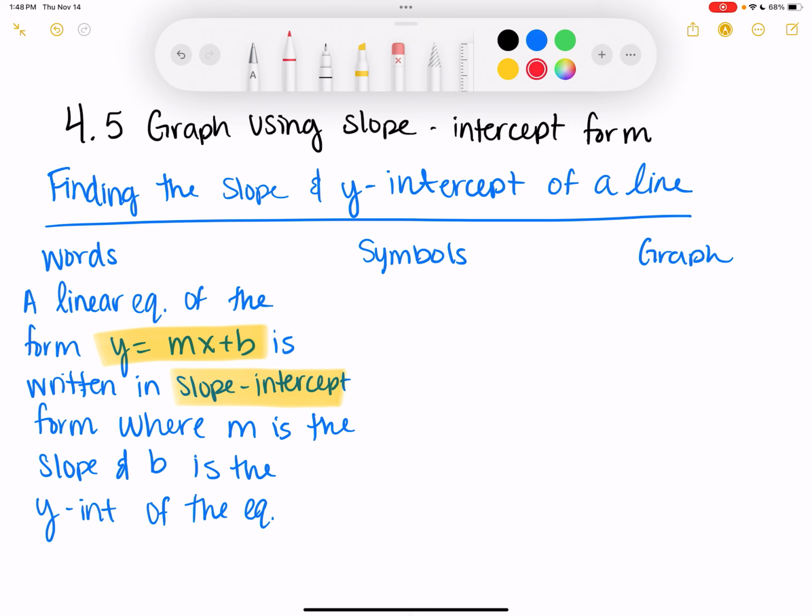So in symbols, we have y equals mx plus b. M is my slope. B is my y-intercept.